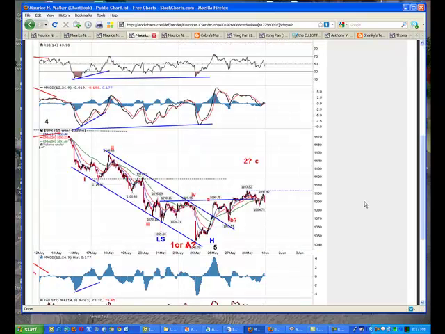Looking at the 15 here, you can see that what we have here is an inverse head and shoulders. If you measure this pattern down from this 1040 to about 1090, you've got 50 points. You add that on to here, you've got about 1140. That's what most people were expecting for this to pop up to.